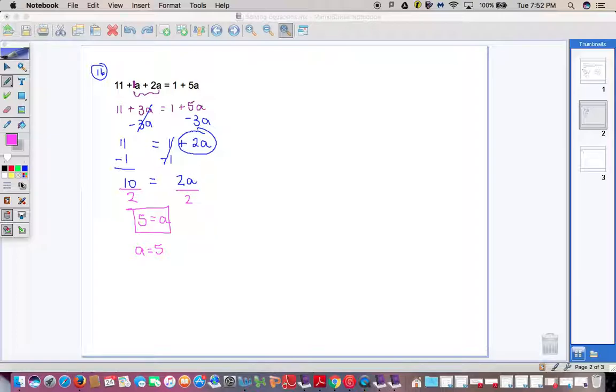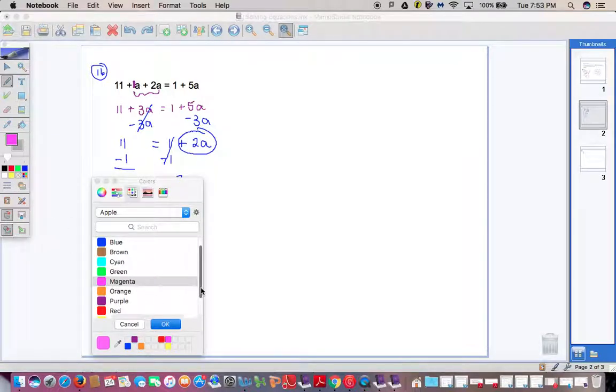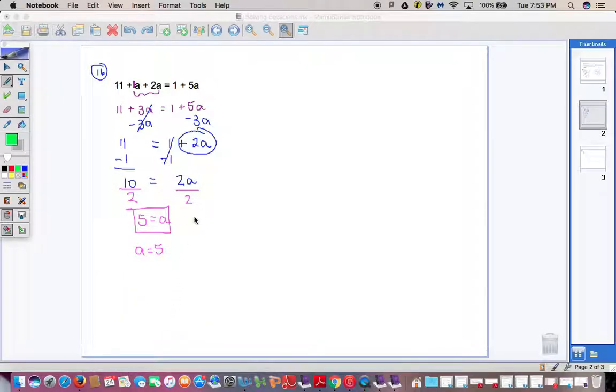Now, if you want to know if your answer is right, you can substitute it into the equation and check. Okay, so let's do that. We're going to do lime green here. We've got 11 + a + 2a = 1 + 5a. We're going to substitute a 5 in for our a's.